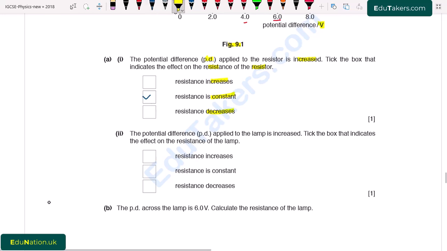Part 2. The potential difference PD applied to the lamp is increased. Tick the box that indicates the effect on the resistance of the lamp. So here we have to describe the effect on the resistance of the lamp when potential difference is increased. Either it increases, decreases, or remains constant.